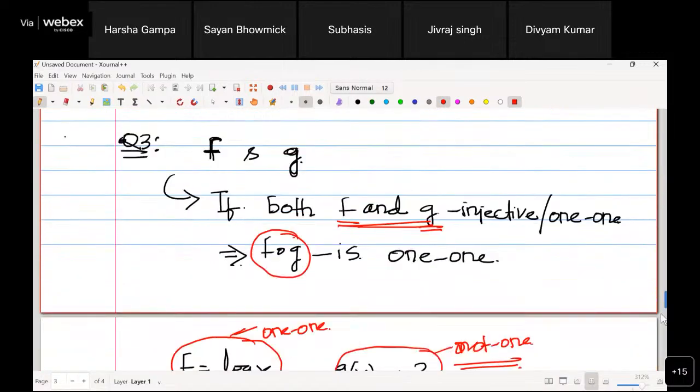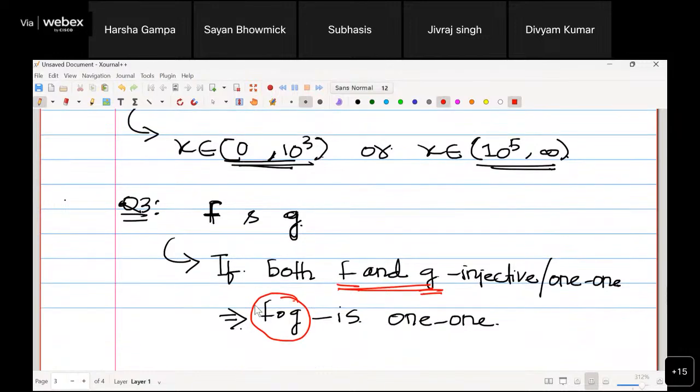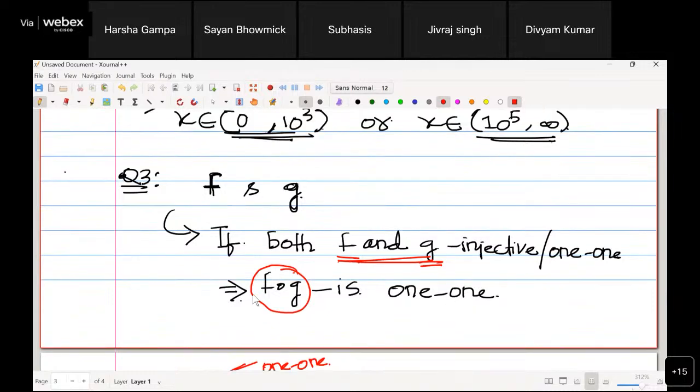So since you asked this thing, actually it's easy. You have to do it using the method of contradiction. So the thing is, suppose this function is not 1-1, right?